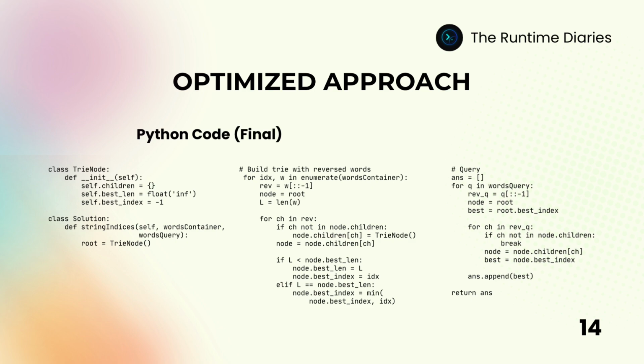At each node, we update the best_len and best_index based on the current word's length and index. Then we process the queries. For each query, we reverse it, walk down the trie, and track the best_index as we go. We append the final best_index to the answer list. At the end, we return the answer list.